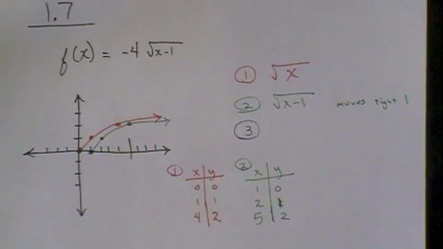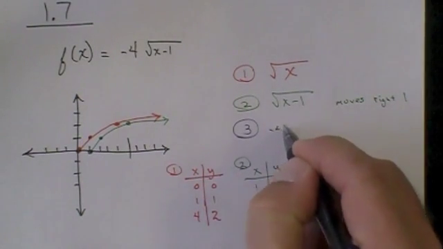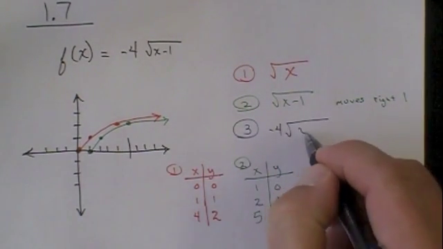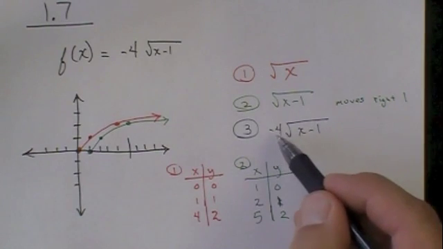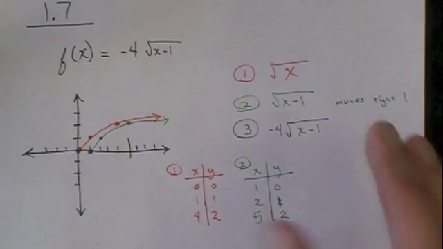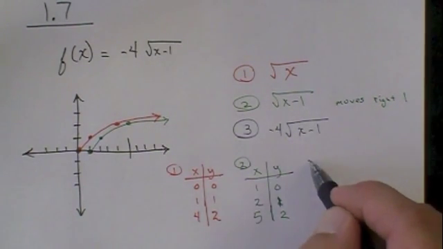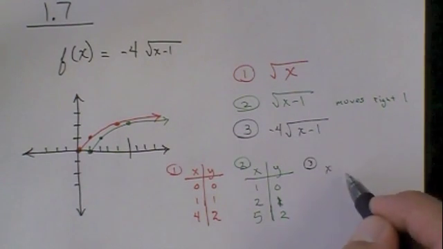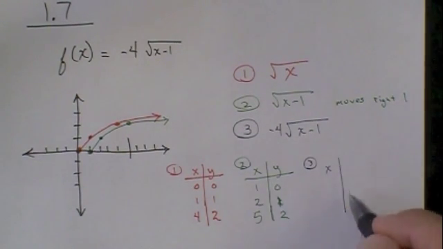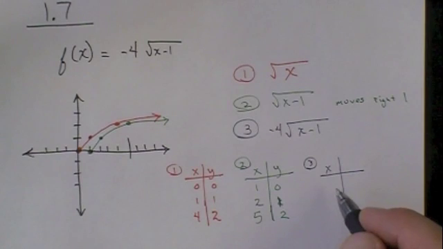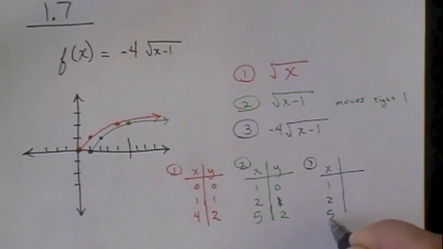Okay, so the third step then, now we have the negative 4 times what we've already done with our x minus 1. So this negative 4, we're taking times all these values, so that's going to be times the y values, because it's after we've already worked with the parent function here. So we're still going to have these same values of 1, 2, and 5 here.